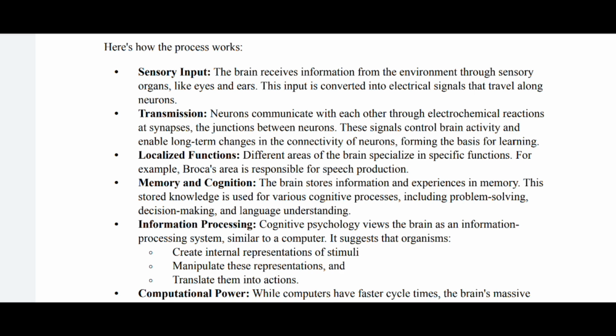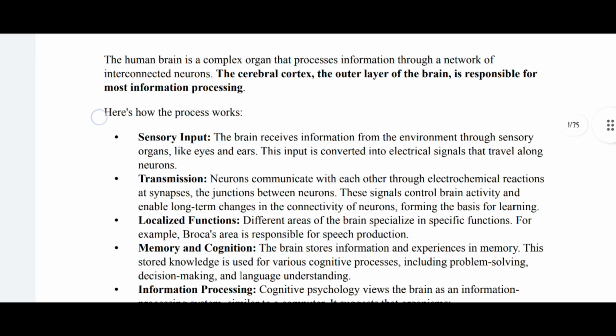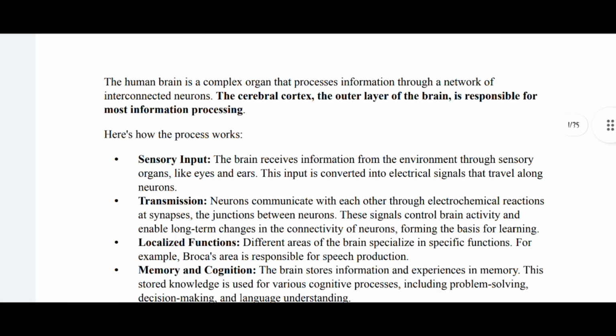Localized functions. The question is how the human brain interprets and processes information like a computer, which is why we compare it to a computer. Different areas of the brain specialize in specific functions. For example, the cerebral cortex, the outer layer of the brain, is responsible for most information processing.